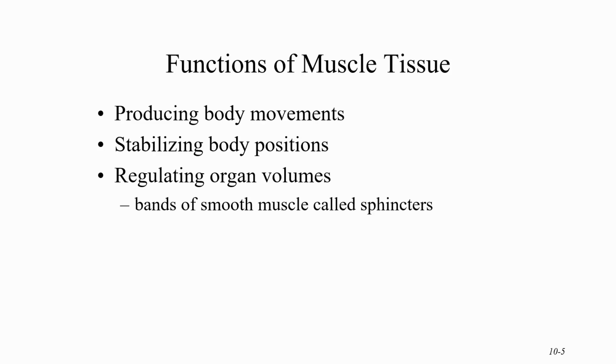When the heart relaxes, the volume increases within those chambers, and so blood can fill up in those chambers. When the heart contracts, the volume becomes less, the pressure increases within the heart, and it ejects the blood out.